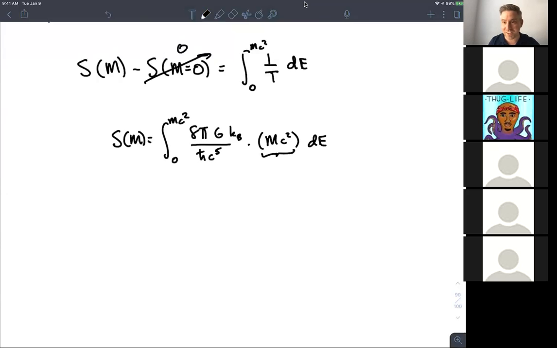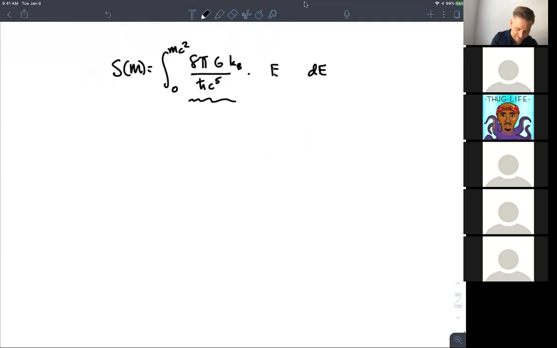This, you will recognize, is the energy. So I'm going to replace this with energy. And then all this stuff is just a mess of constants. So now again, this is a super easy integral to do. And what we get is this: 4 pi kB G m c squared over h bar c to the fifth.